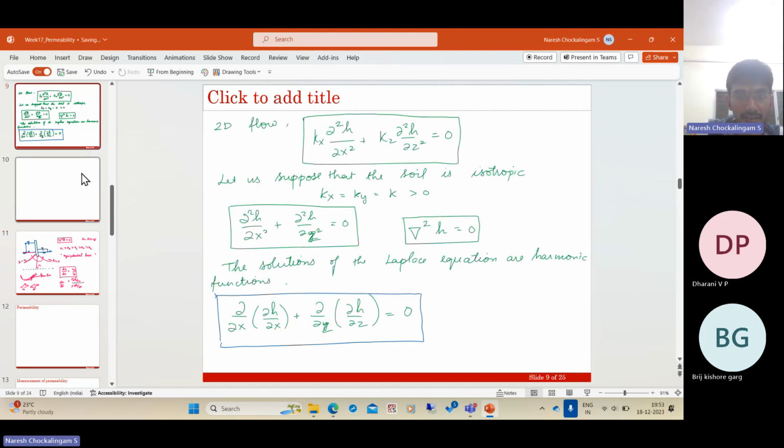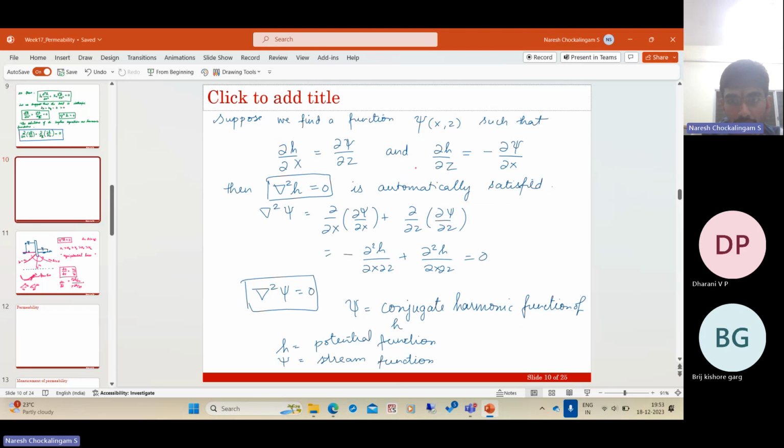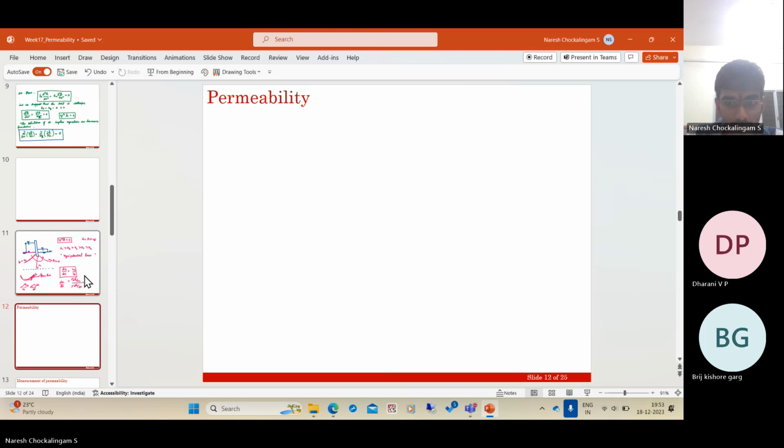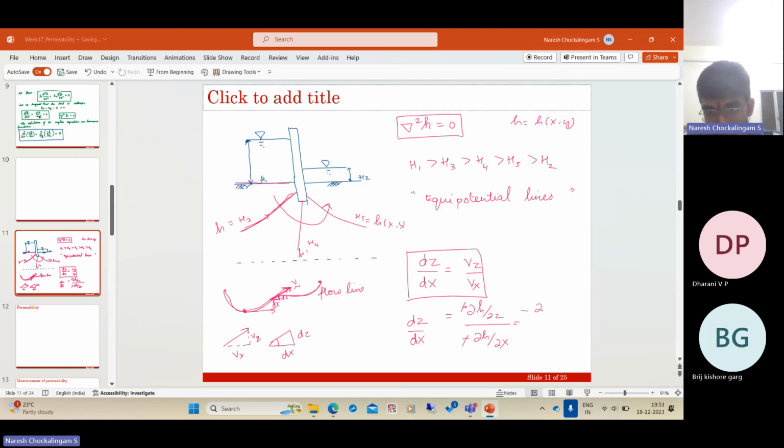You can check here. ∂h/∂z is minus ∂ψ/∂x, and ∂h/∂x is ∂ψ/∂z. Now just rearrange it.